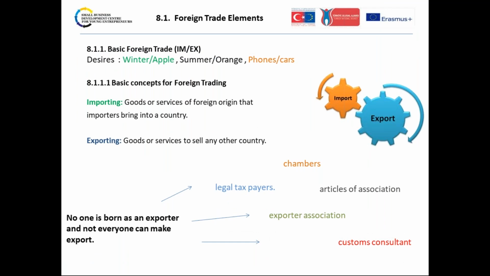Our main titles are foreign trade elements, basic concepts for foreign trade, qualifications for foreign trade manager and staff, foreign trade roadmap, pricing strategies for export, foreign trade documents, payment methods, types of delivery, contract preparations, competitive intelligence and target markets, international free trade agreements, and finally, we will tell you some cases, good cases and bad cases, as the good practices and the bad practices.